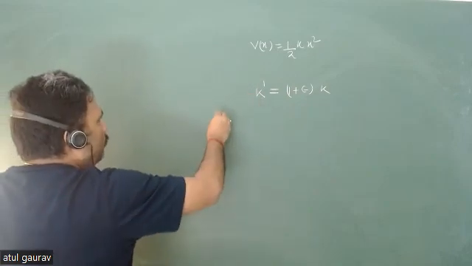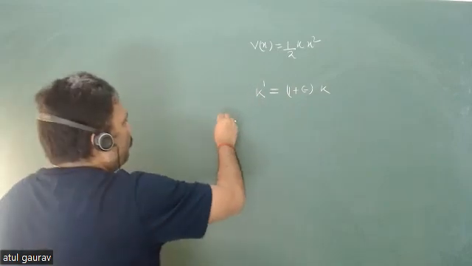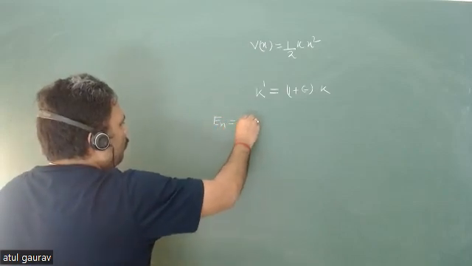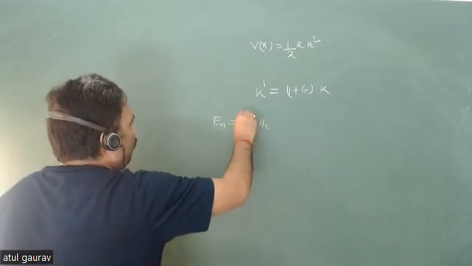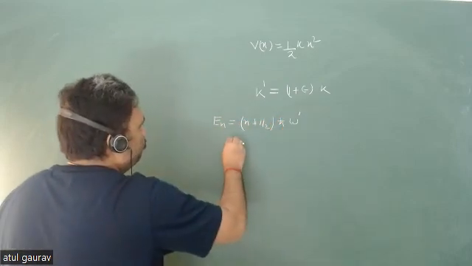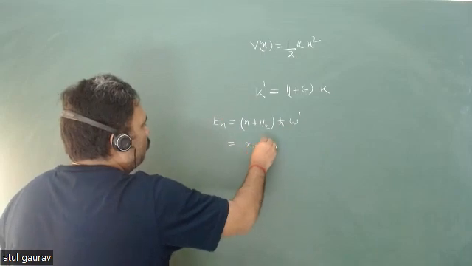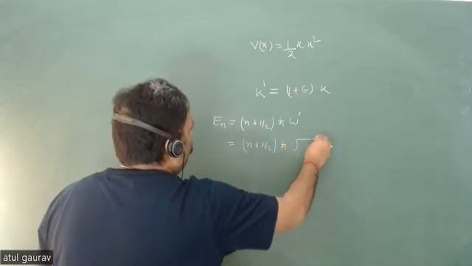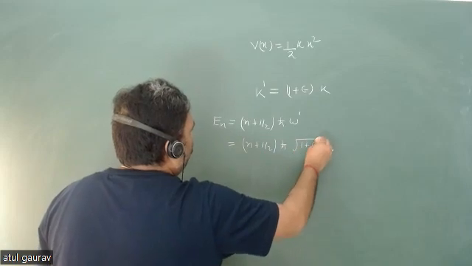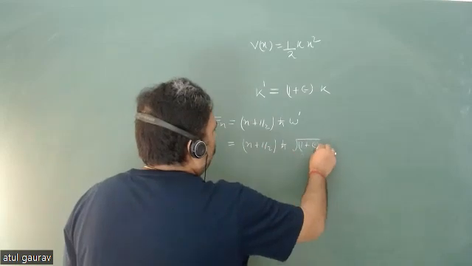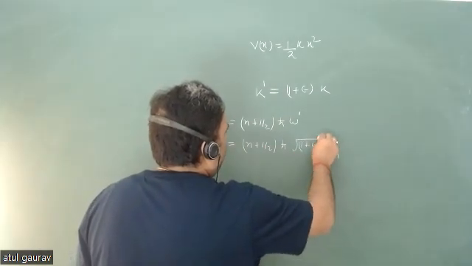अगर k डैश है तो क्या होगा एनर्जी? बताओ. En की वैल्यू क्या होगा? (n plus half) h cut omega dash, and that value is equal to (n plus half) h cut root under 1 plus epsilon, है ना, k upon m.